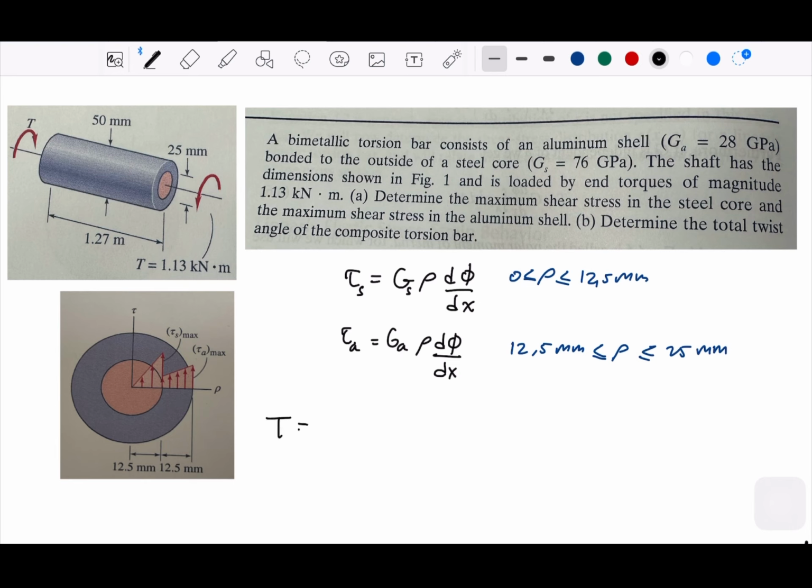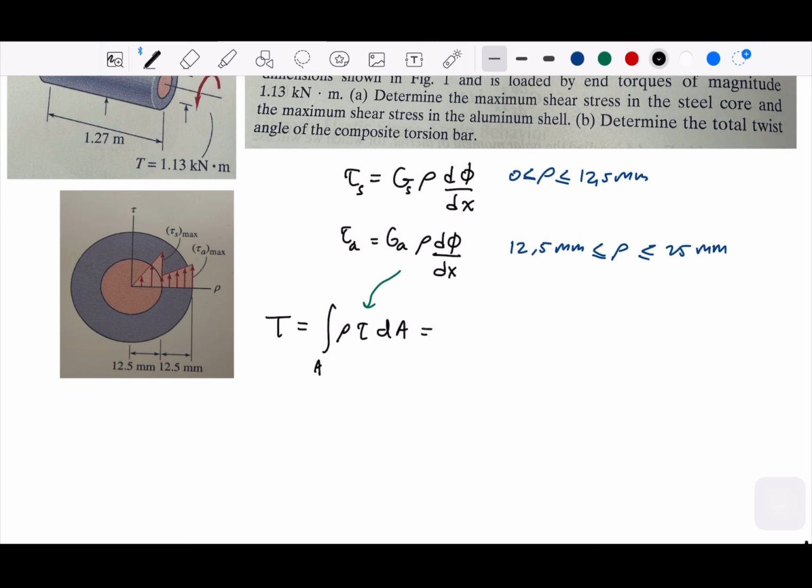Now torsion, we know that, right? And then we can input all this inside the torsion formula. So we can write G S, and we can separate between steel and aluminum.